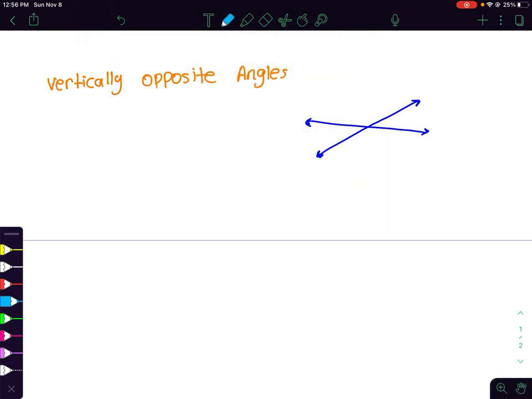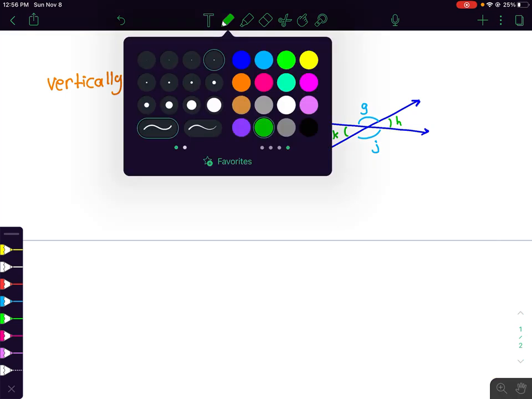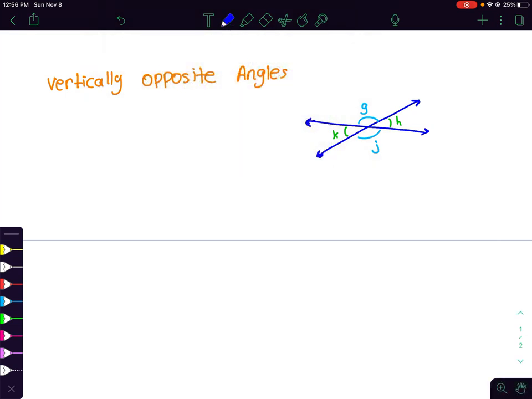So we have G and J, and then here we have H, K. So these are the angles we have. And also for each line we have a name. The name of this line is C, D. The name of this line is B, A.